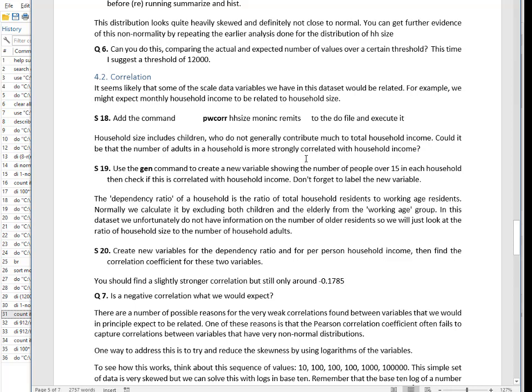But it could be that we're not showing anything up because we need to look at the number of adults rather than children, because the more adults, you would think, would increase the income of the household.